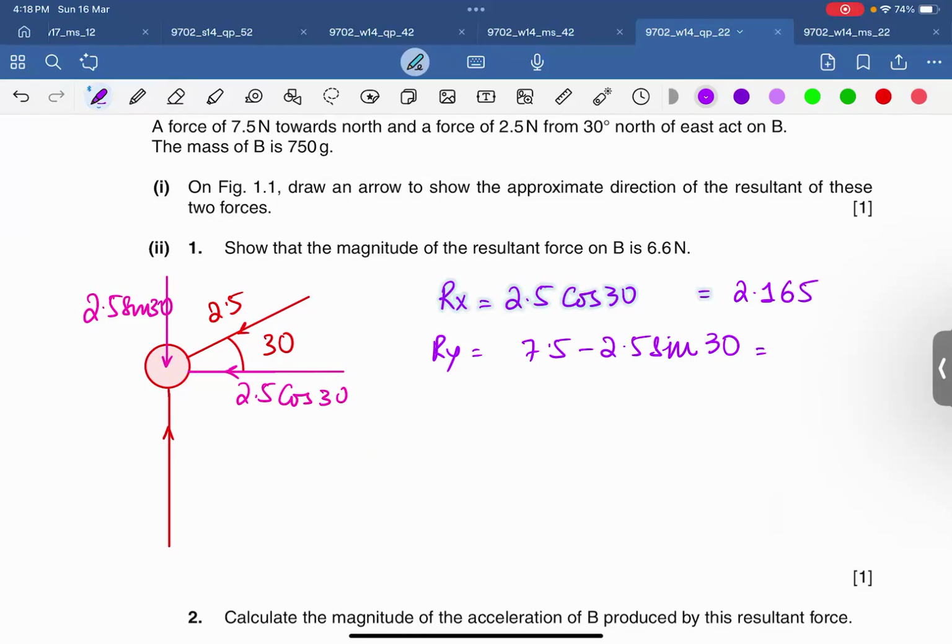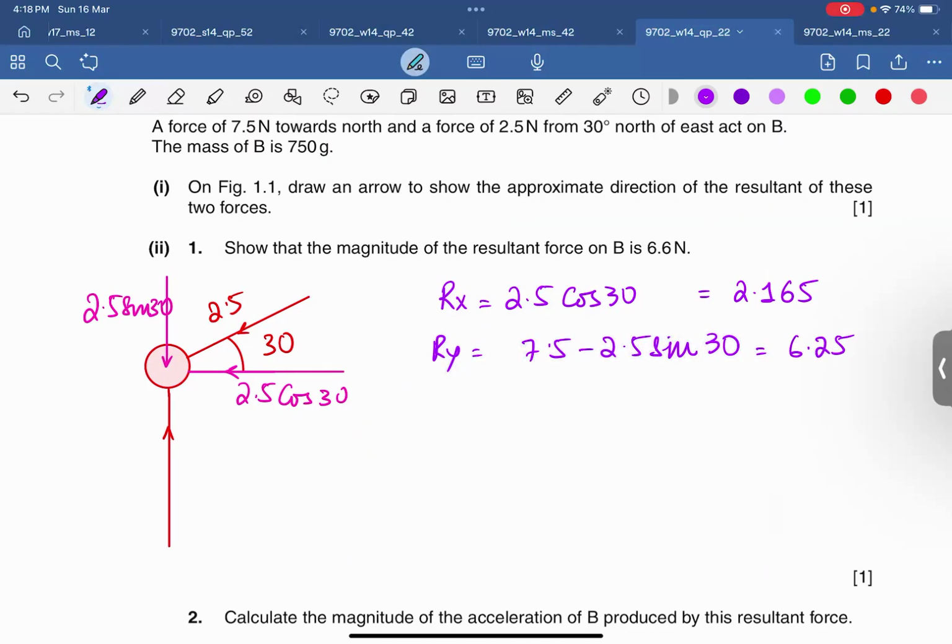Perfect. And what about the other one? 7.5 minus 2.5 sine 30, that is 1.25, so 6.25.